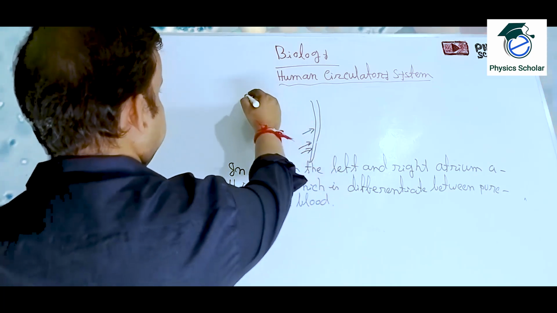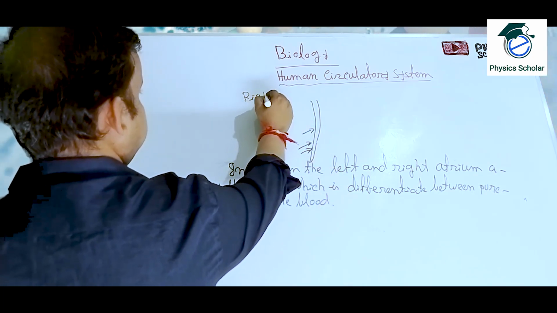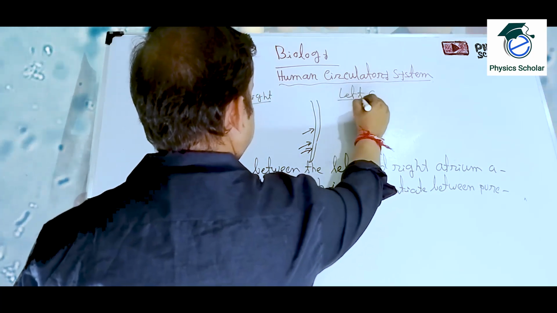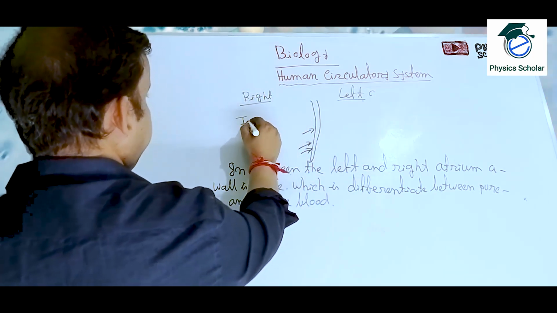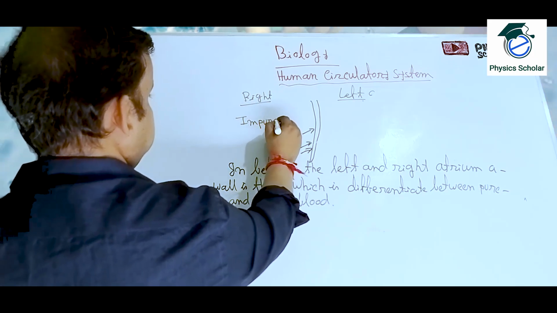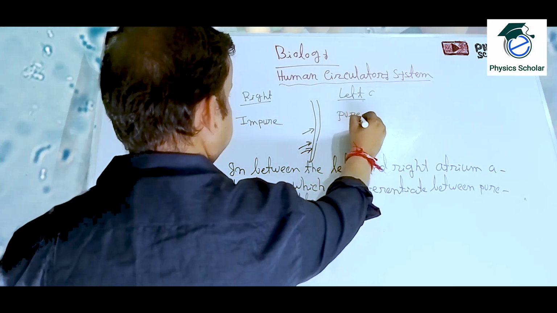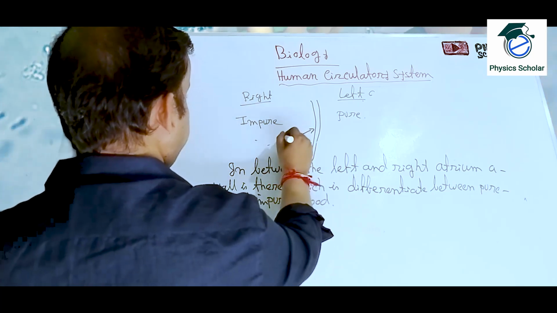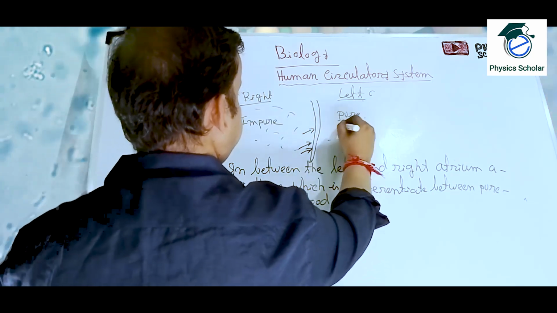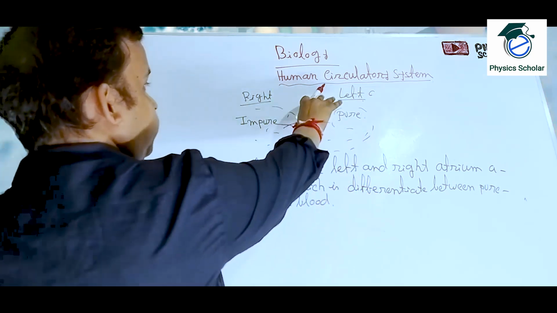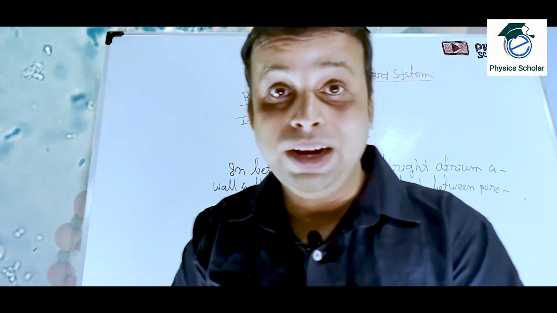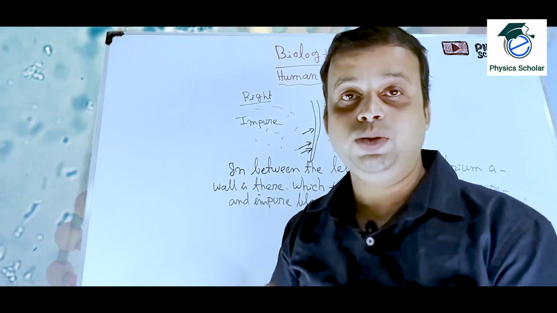That means suppose it is right atrium, suppose it is left atrium. Clear? Here it is impure blood and here it is pure blood. Clear? So here it is impure blood and here it is pure blood. So if that layer or protective membrane is not there, then what will happen? They will mix with each other.